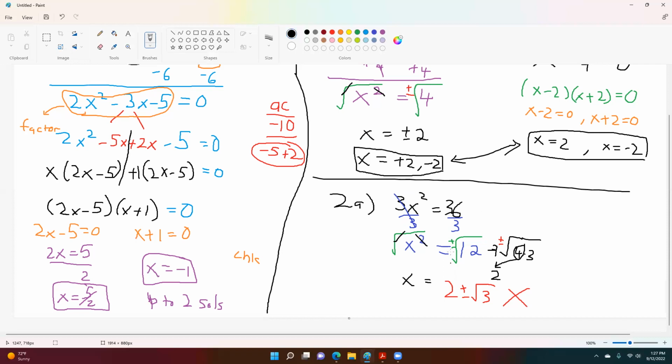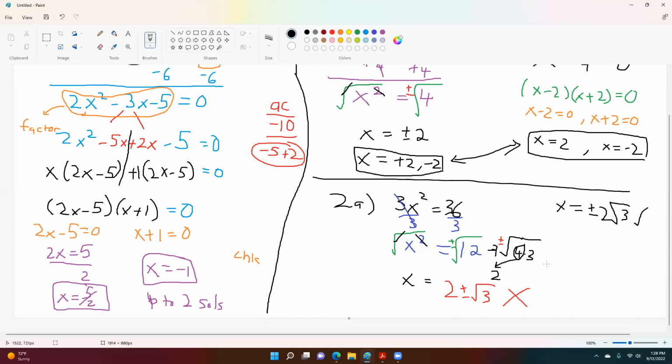The correct way to answer this question is to put the 2 after the plus minus sign. This is telling us that we are multiplying here, so this is 2 times square root of 3.